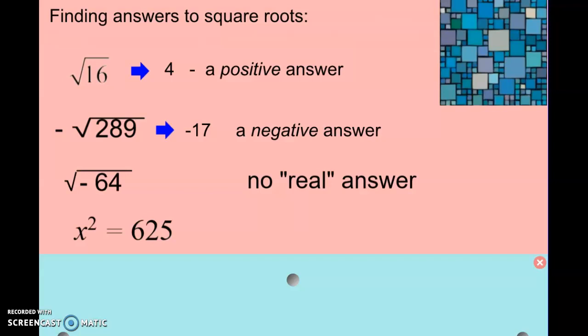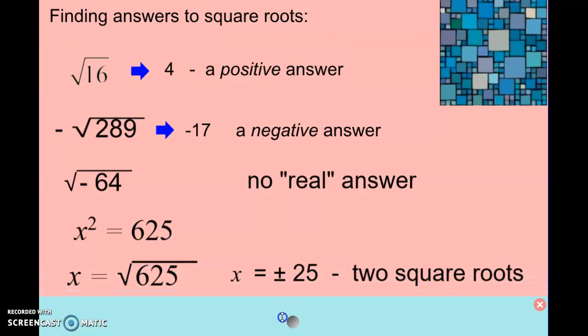Just like an x equals equation, the linear equation would give us 1 number, an x squared should reveal 2 different roots if it does indeed cross the x-axis. So the square root of x has to equal, as an equation, we're looking for 2 answers. The square root of 625, which is 25, but it's a positive 25 and a negative 25, 2 square roots.